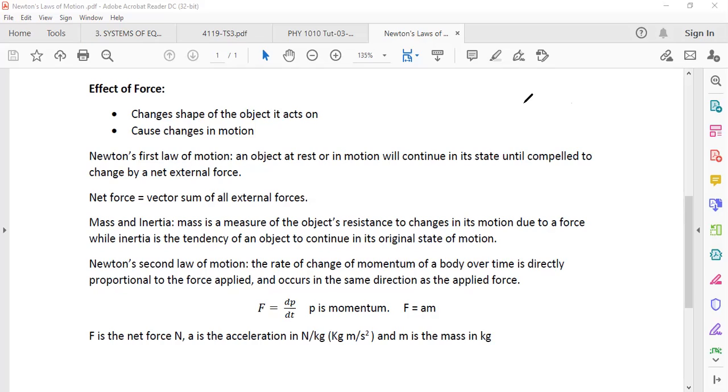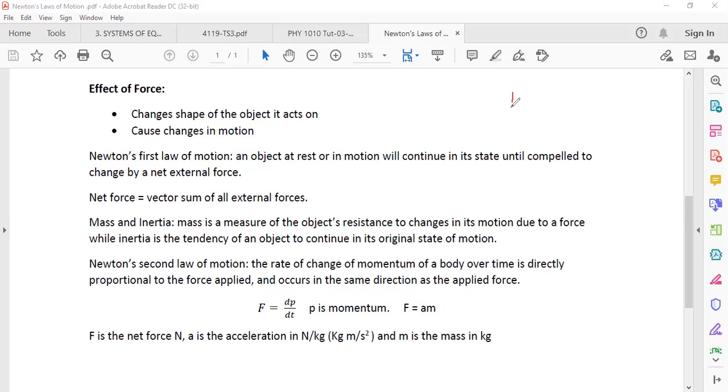So this second law of motion, we can also state it that the acceleration of an object is directly proportional to the net force acting on it and inversely proportional to the mass, which is this statement here. But let me just work this out.